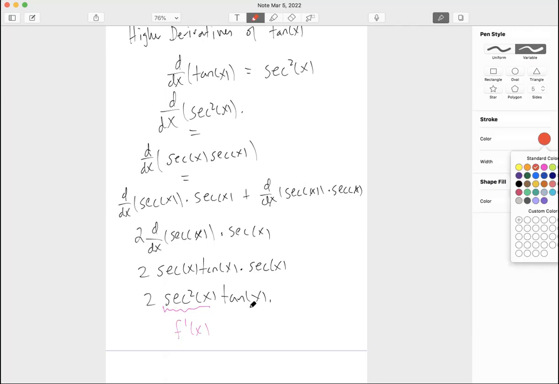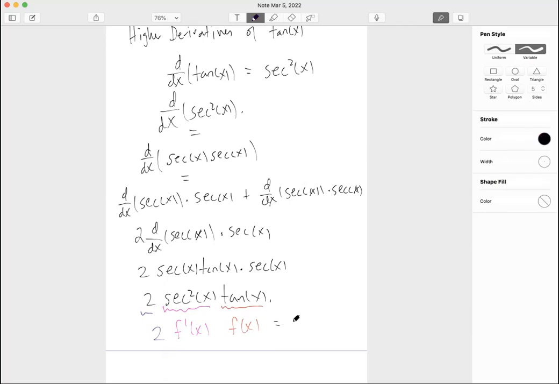And this is the function itself. So you can think of tangent as a function. The second derivative is twice the first derivative times the function. But it's just an interesting note right now.